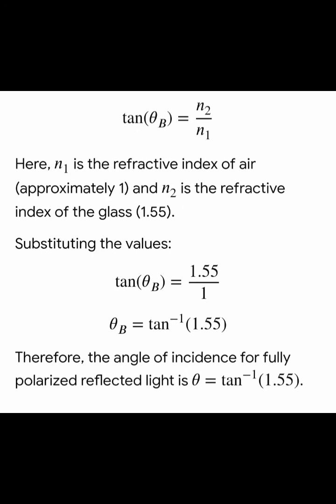Here n1 is the refractive index of air and is approximated as 1, and n2 is the refractive index of glass, which is 1.55. So tan theta b is equal to 1.55 divided by 1, that is theta b is equal to tan inverse of 1.55. So the angle of incidence for fully polarized reflected light is theta equal to tan inverse of 1.55.